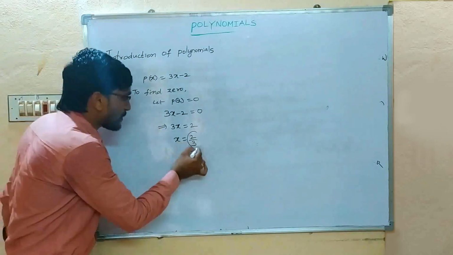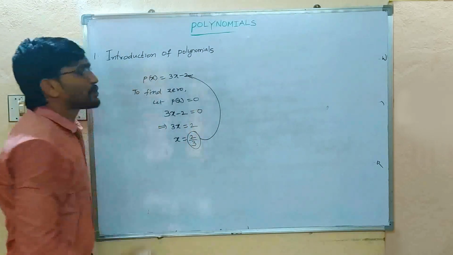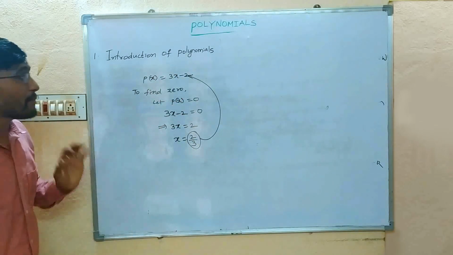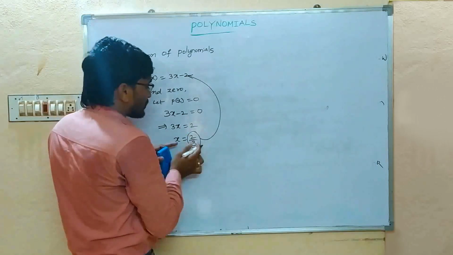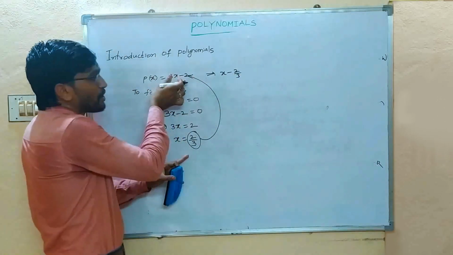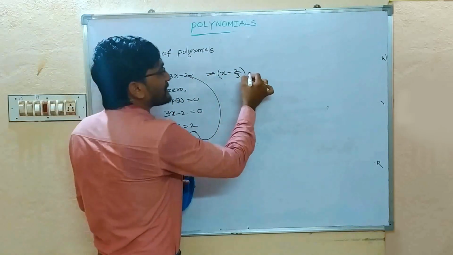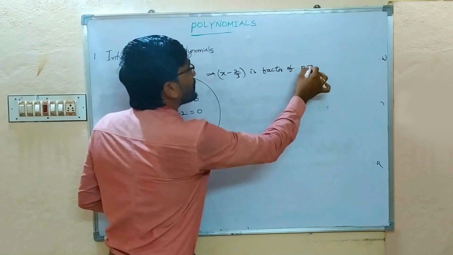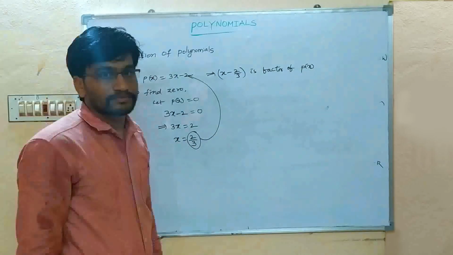So this 2 by 3 is nothing but the zero of this polynomial. And one more thing: if 2 by 3 is the zero of this polynomial, then x minus 2 by 3 is a factor of this polynomial p of x.